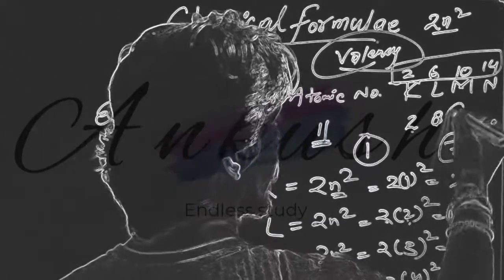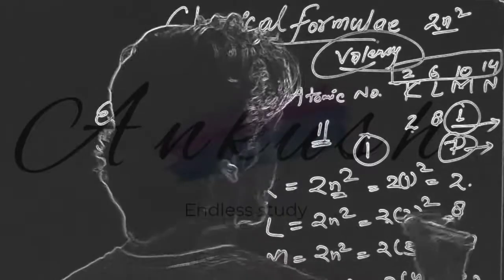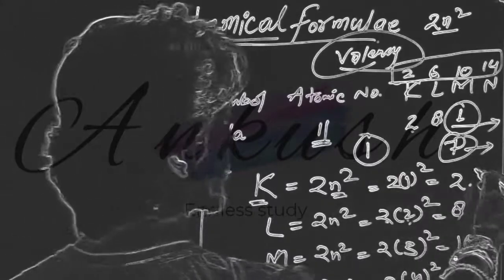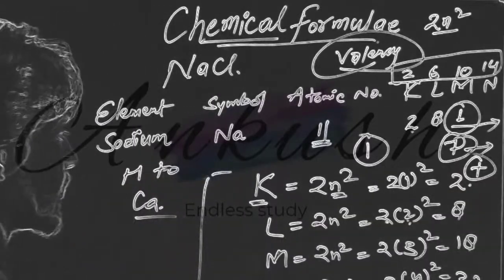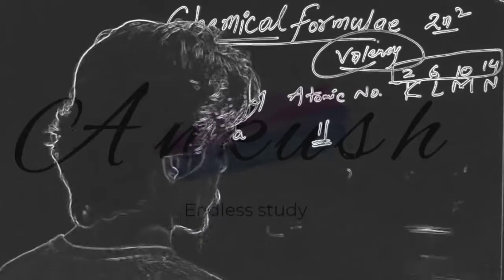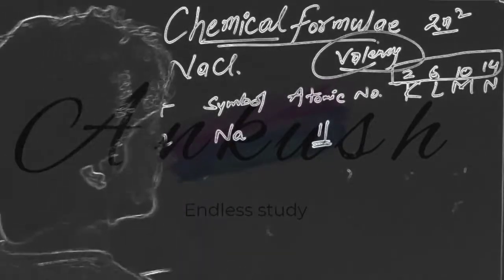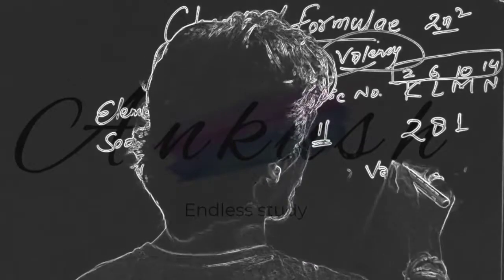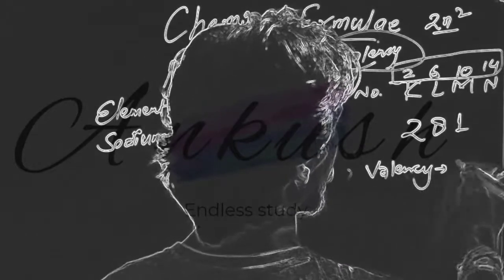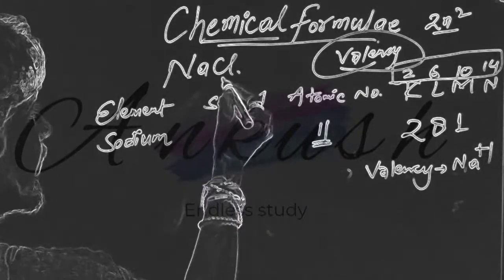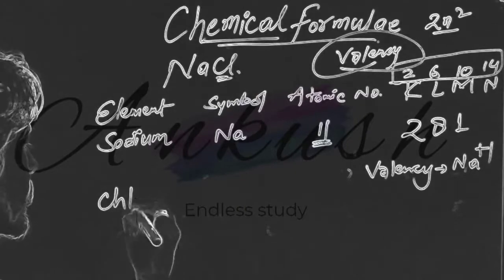So it will give off 1 electron, and when an element gives off an electron, it gets a positive charge. So 2, 8, 1, and we got the valency: Na plus 1.